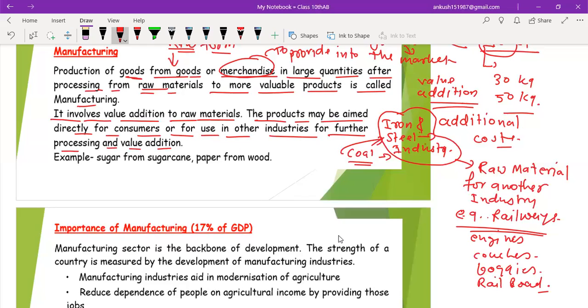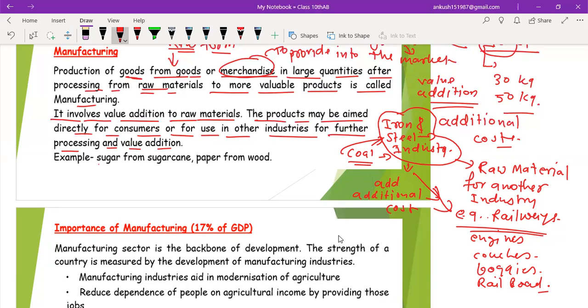Though it is the finished product for some other industry, that iron and steel would become the raw material for the other one. Have you got it? Whatever value was added to this iron and steel, if it comes to this company or industry, definitely it would add some additional cost. Are you getting my point?